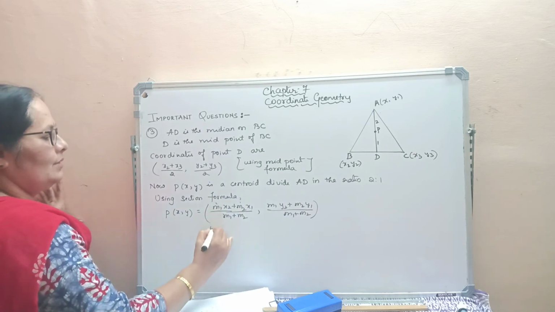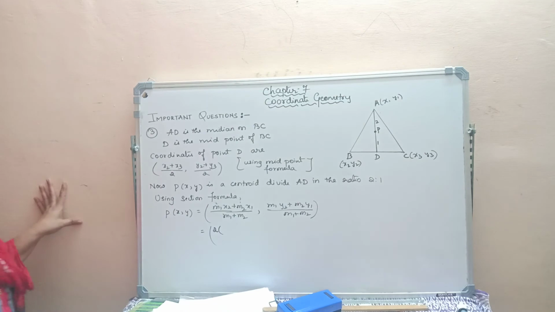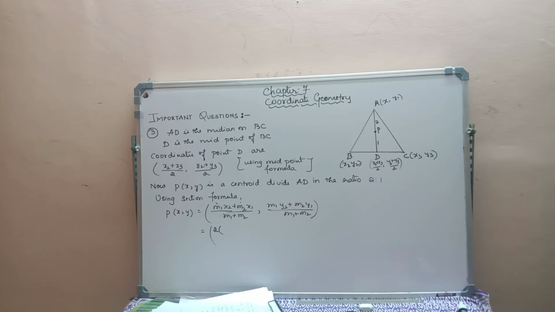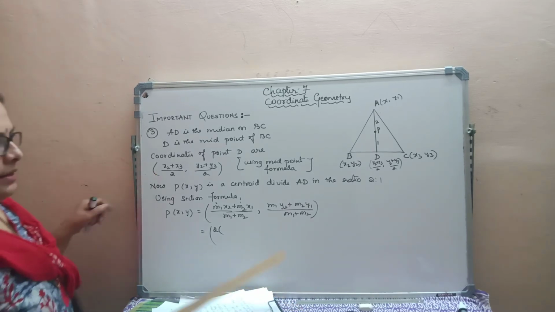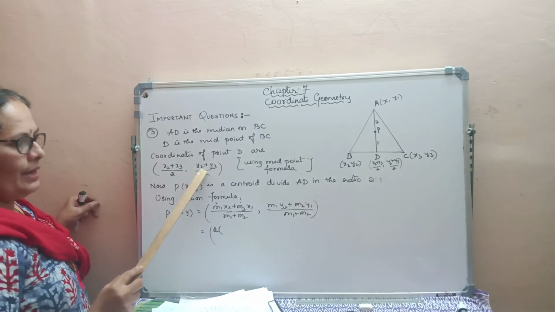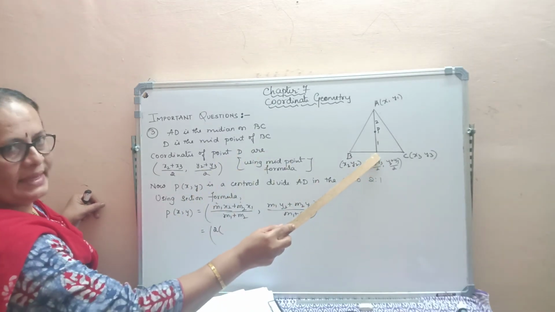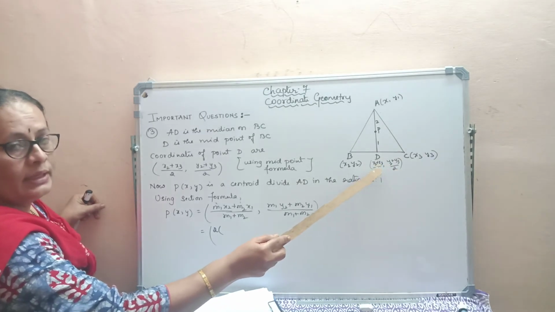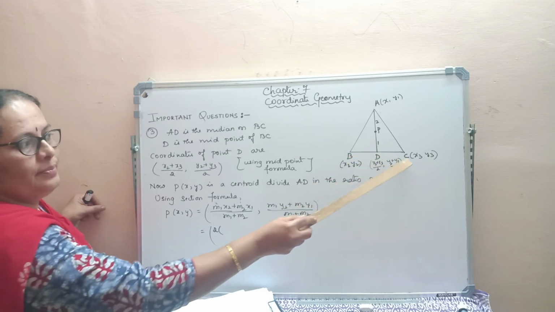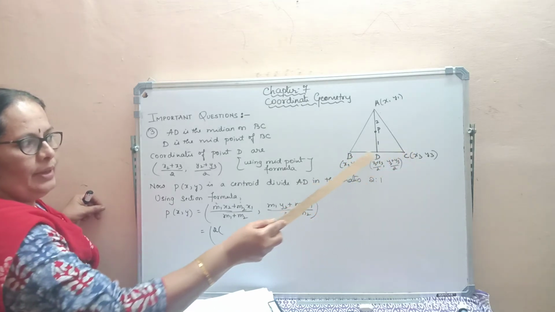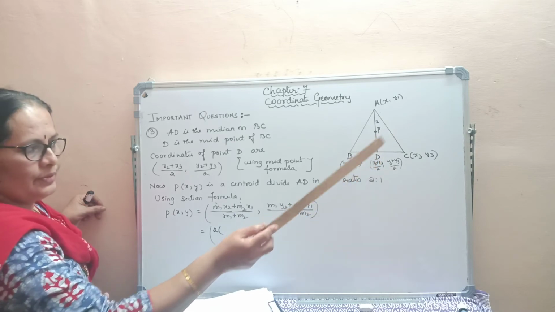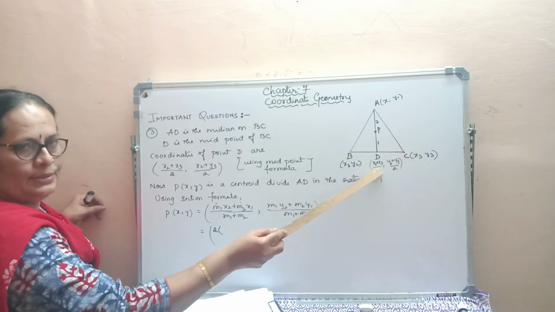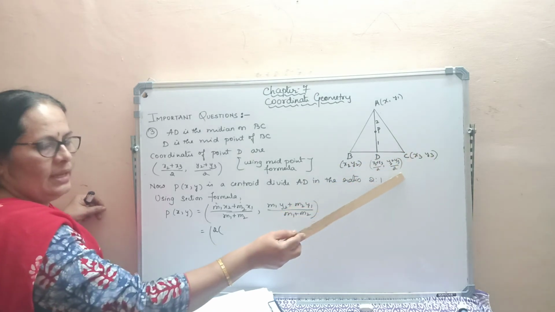Now, what are the coordinates of point D? The coordinates of D are (x2 plus x3 by 2, y2 plus y3 by 2). How did we get this? Using the midpoint formula of points B and C. The midpoint of B and C is D, so the coordinates of point D are (x2 plus x3 by 2, y2 plus y3 by 2).